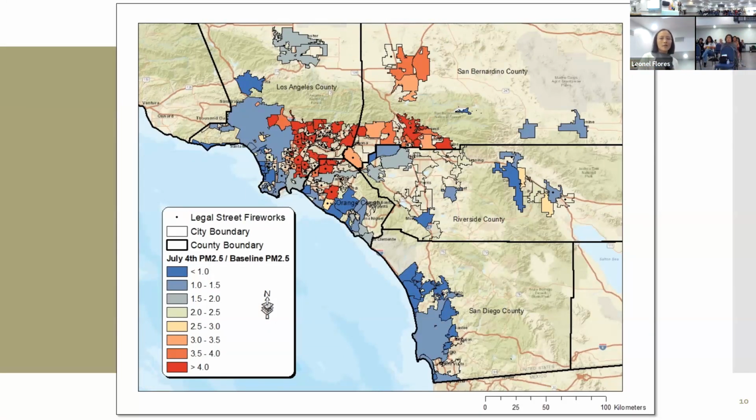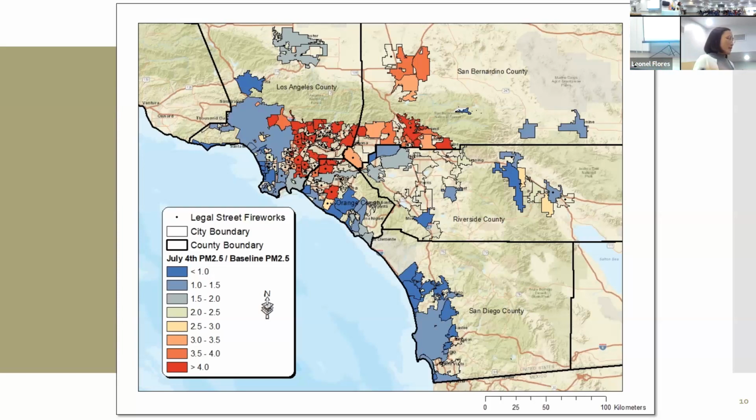As you can see, the County of San Diego, our neighbor down there, is all blue because street fireworks are forbidden there. They do not allow burning of fireworks.